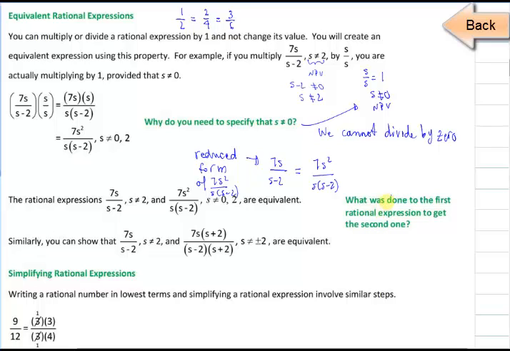Well, if we discuss that in terms of our first illustration here, we multiplied 7s over s minus 2 by 1, which is s over s, right? Because that's equal to 1.